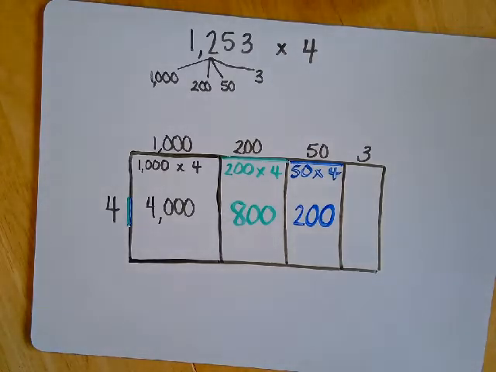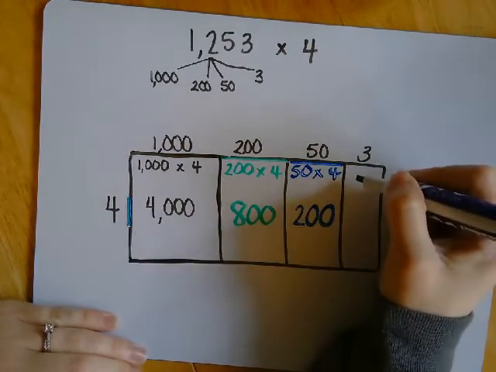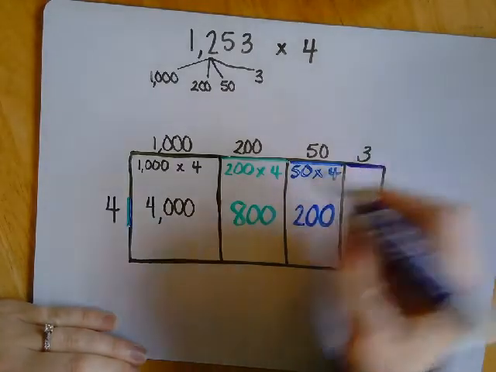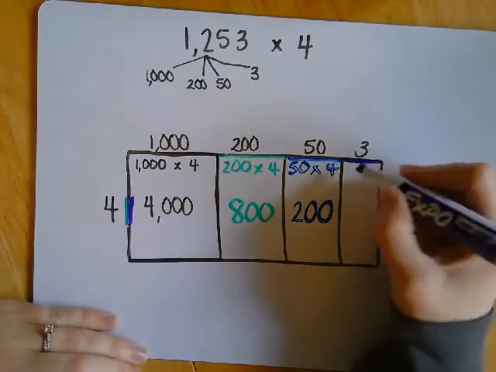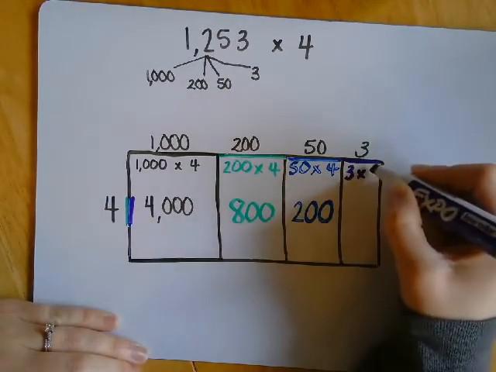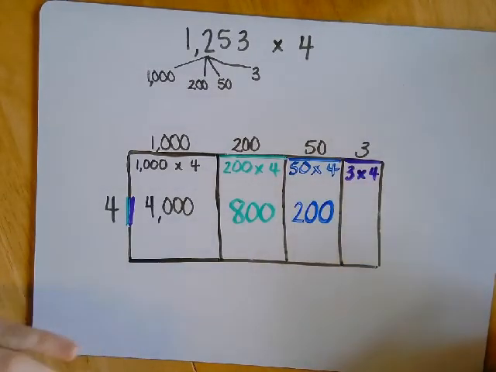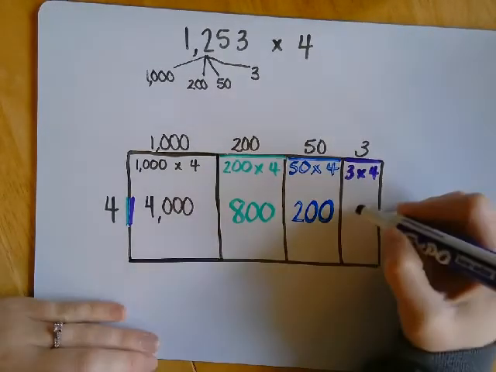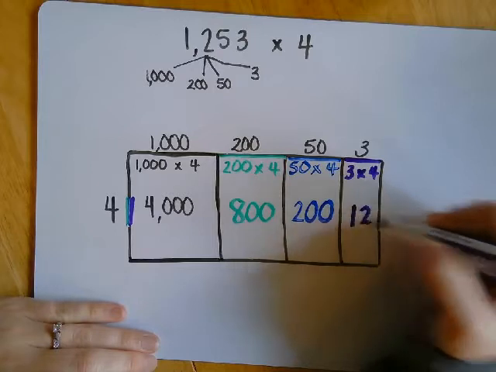All right, last but not least, I'm going to multiply 3 times 4 to get this last sliver. I know 3 times 4 is equal to 12.